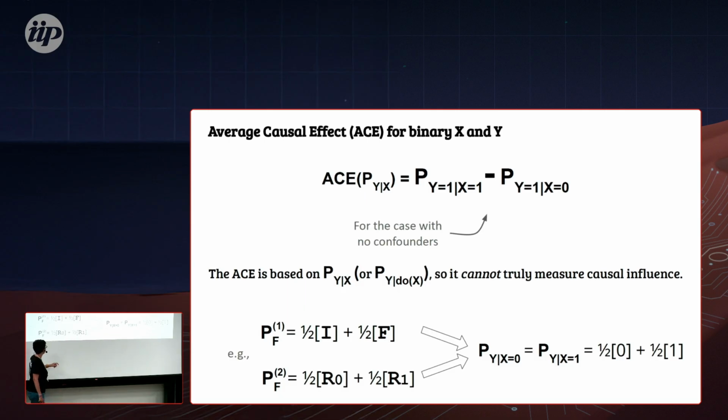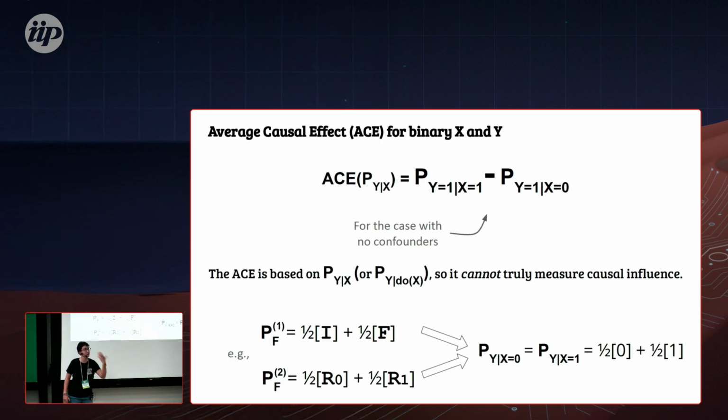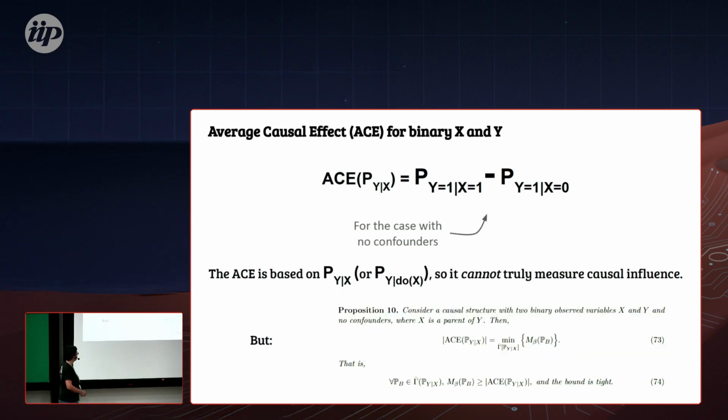And indeed, for this one, the one that has the minimum beta is this, where beta is 0. So in a sense, the average causal effect measures the minimal amount of causal influence that is sufficient to obtain that P of y given x, but not necessarily the amount of causal influence that actually happened in that situation.